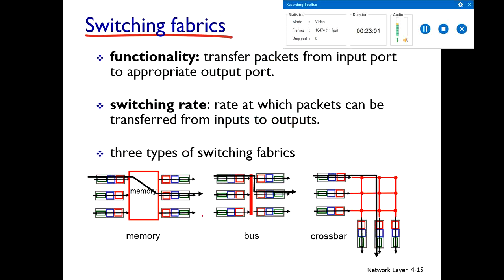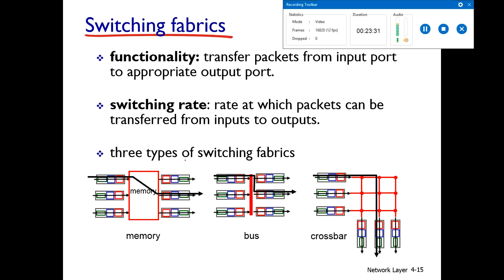It is completely contained within a router, a network inside of a network router. Its basic function is to transfer packets from the input port to the appropriate output port. The switching rate is the rate at which packets can be transferred from input to output port.